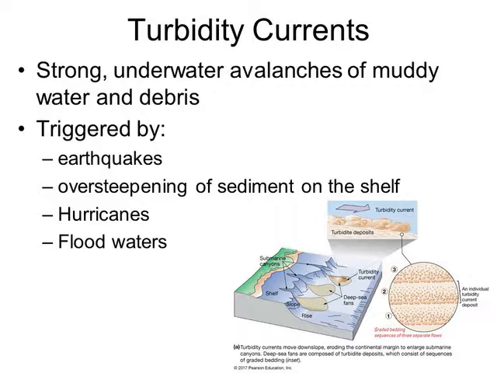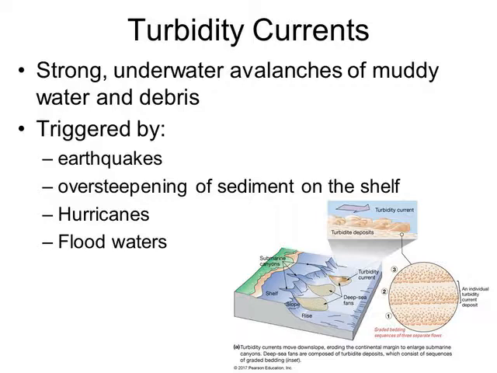So any of these can trigger a turbidity current. They are very fast moving and very strong, and so if anything were to get in its way, it probably would not survive. So when we look at that circle image down in the bottom right hand corner there, you can see that layering that I was talking about.